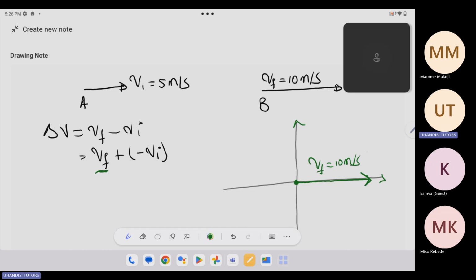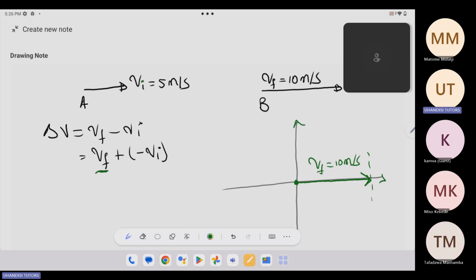When you're done doing that, at the head of this vector, you are going to draw the initial velocity vector. But you have to change the direction of the initial velocity vector, meaning that it must point in the negative direction. This vector was initially pointed towards the right, so when you draw it on this diagram, it must be pointed towards the left. And don't forget that the length of the vector indicates the magnitude.